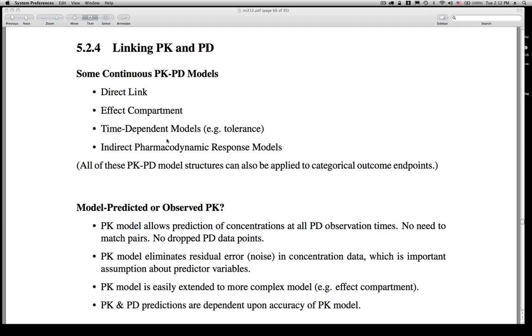They can also be applied to other endpoints too. So you could have this direct relationship between observed concentration and maybe an unobserved continuous response, but it might be linked to some categorical outcome. I just wanted to point that out, that these direct type links, or these link models, can also be used to model pharmacodynamic endpoints that are categorical in nature.